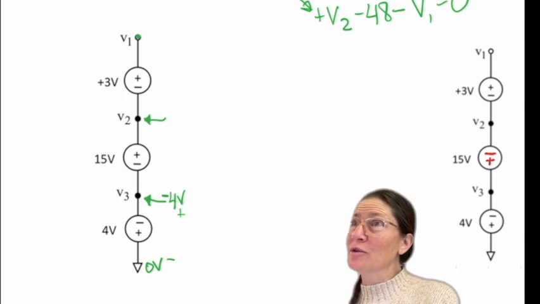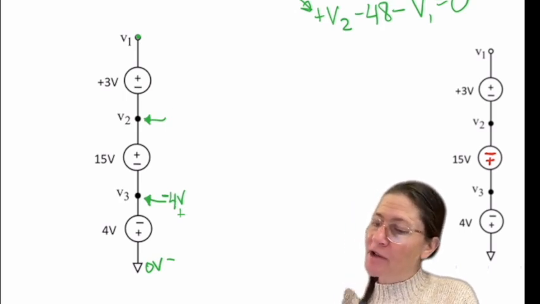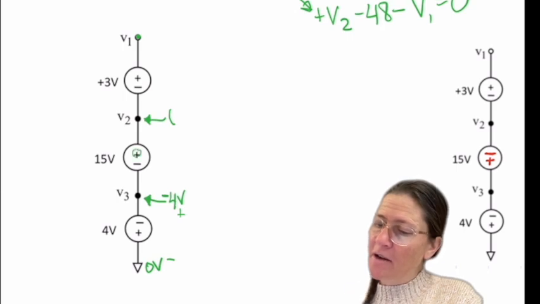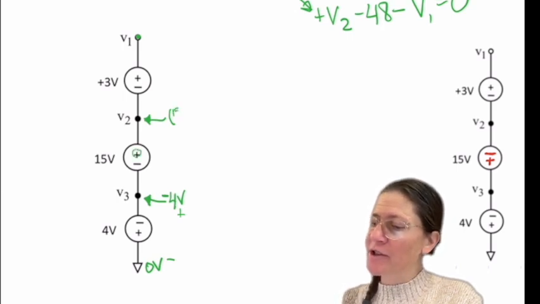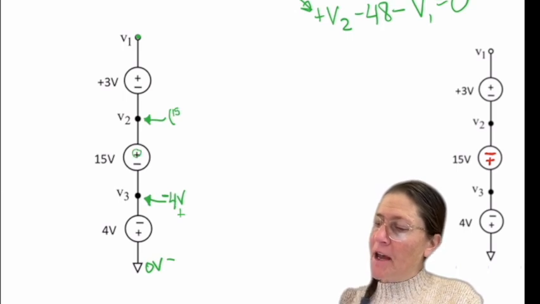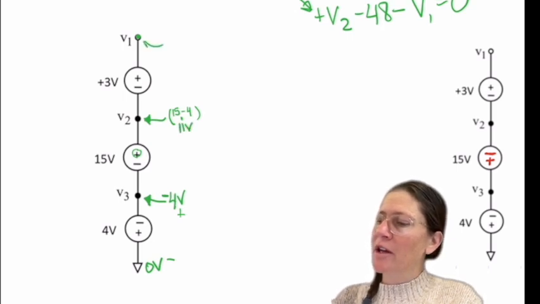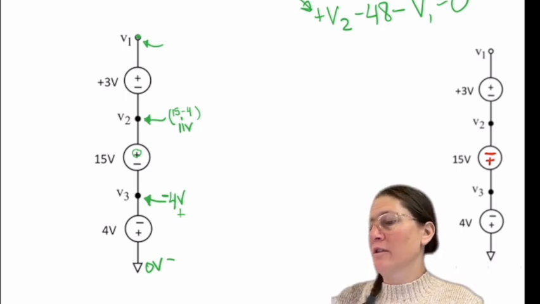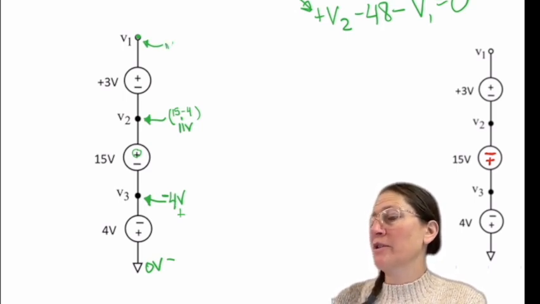And then at V2, okay, so I add the 15 on there. So it's 15 added on to -4 for 11 volts. And then here, 11 plus 3 for 14.